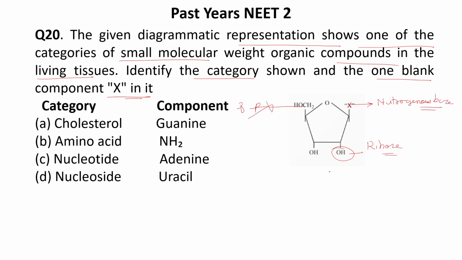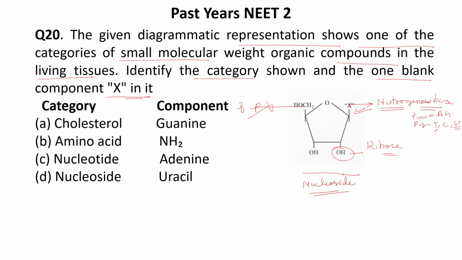So when ribose or deoxyribose gets attached with the nitrogenous base, it forms a nucleoside. Nitrogenous bases are of different types: purine, pyrimidine, adenine, guanine, thymine, cytosine, and uracil.